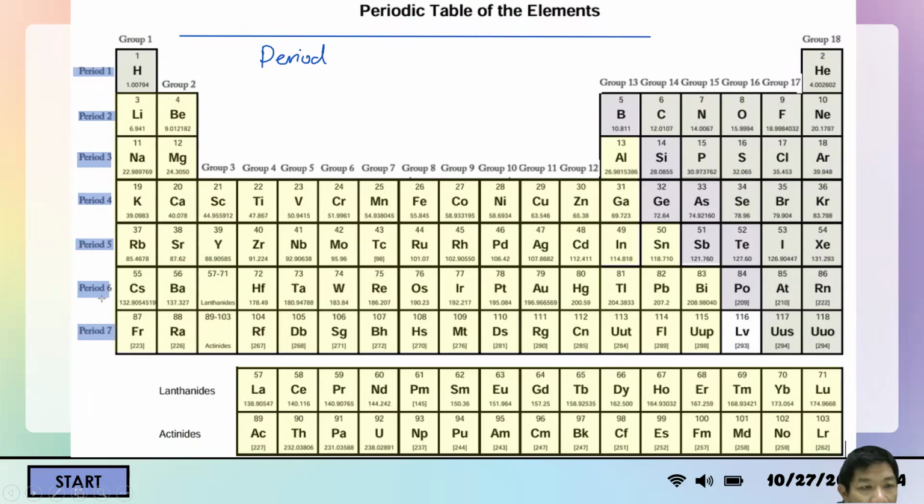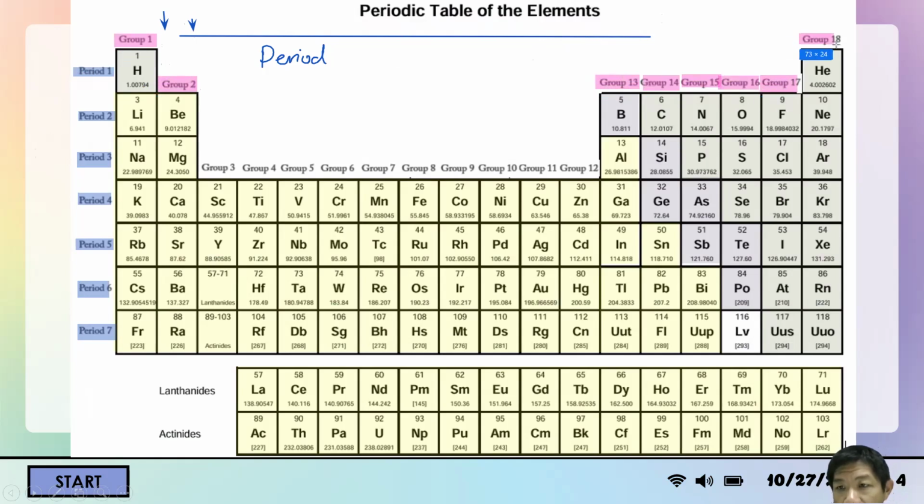All right. Okay, and then going down vertically, you have group 1, group 2, okay, group 13, 14, 15, 16, 17, and 18.